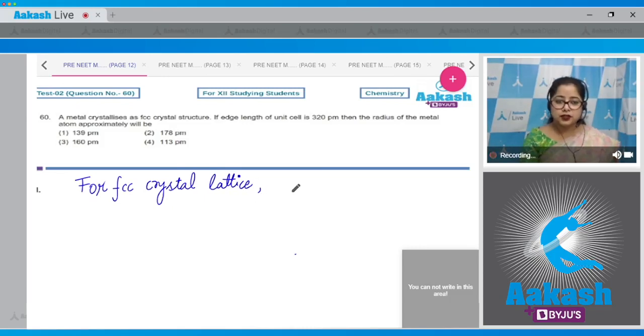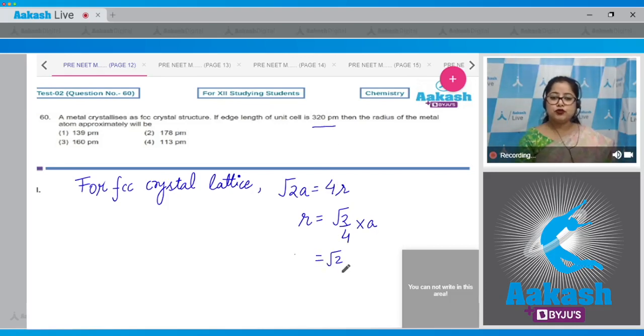For FCC crystal lattice, root 2 a is equal to 4r. That means radius is equal to root 2 upon 4 into edge length. The edge length is 320 picometer, which is already given. So let's put the value of a here, is equal to root 2 upon 4 into 320, which is equal to 113 picometer. That means the correct answer is option number 4.